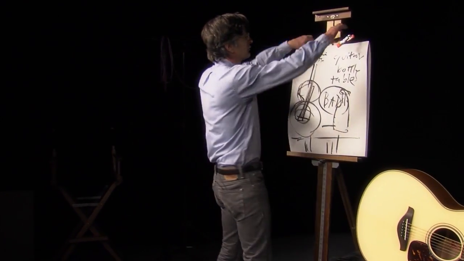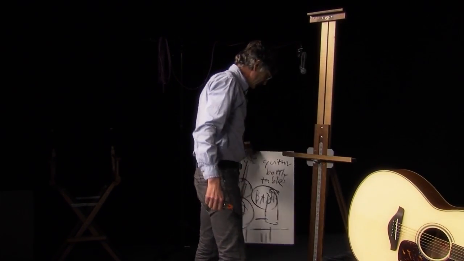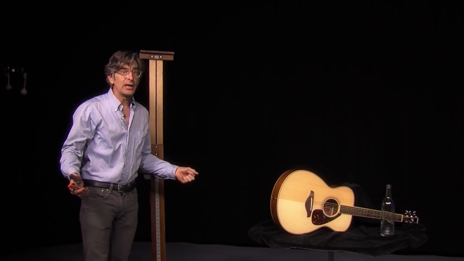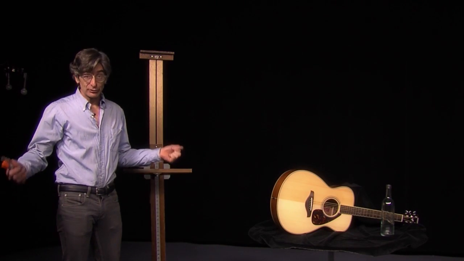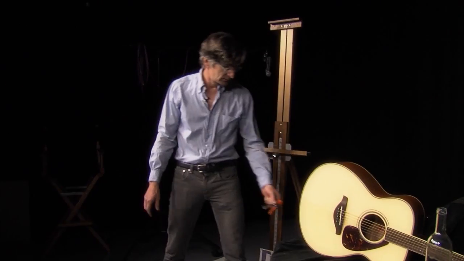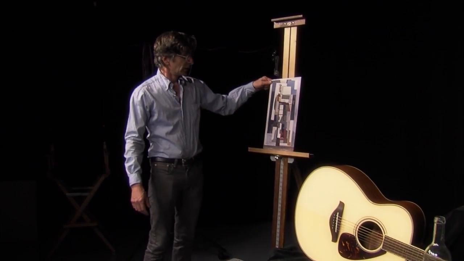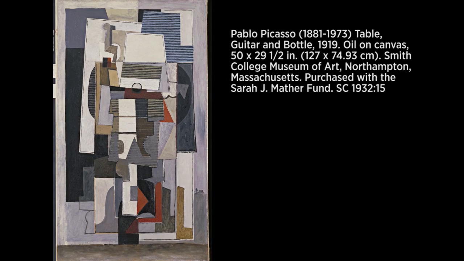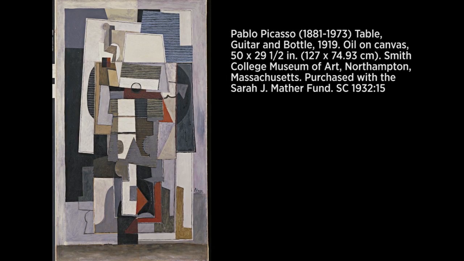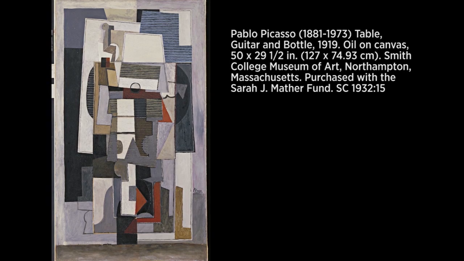One way of thinking about a drawing class is, well, maybe we'll find 50 different strategies for doing just that kind of thing. One of those strategies might be to look at the way other people do it. This is a painting at the Smith College Museum of Art, one of my favorite paintings there.